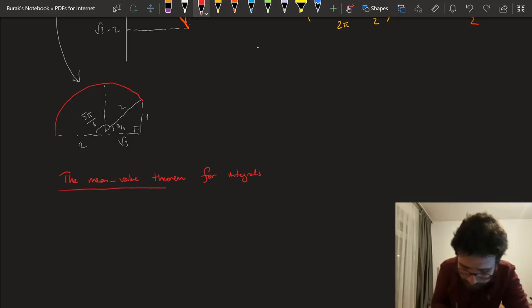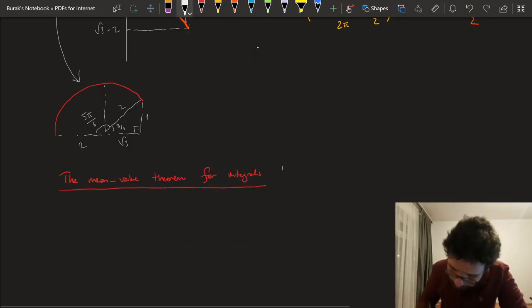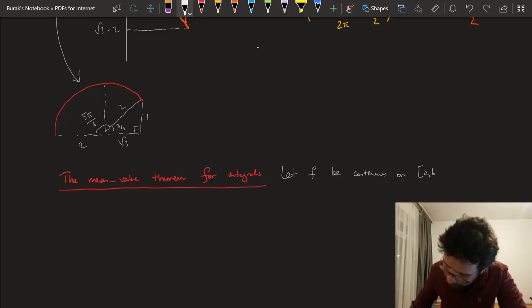for integrals, okay? So let f be continuous on the interval [a, b], okay?